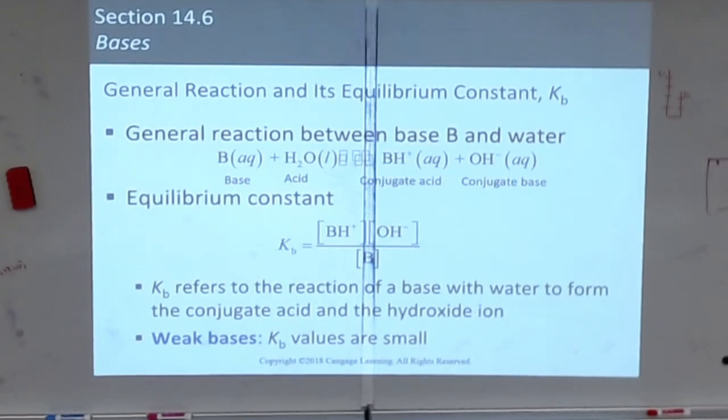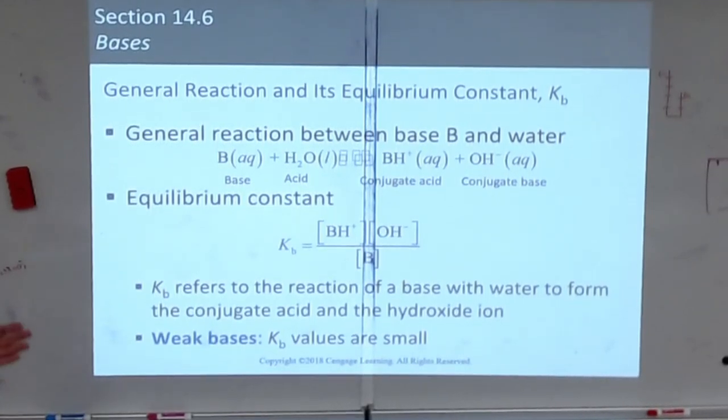Hopefully y'all have read the chapter, you've done your outline, your reading guide. All this stuff, everywhere we say Kb, it's the same thing for Ka. All the math is the same, all the calculations are the same, the thought processes are the same. It's just hydroxide instead of hydrogen, and we're going to call it Kb instead of Ka.